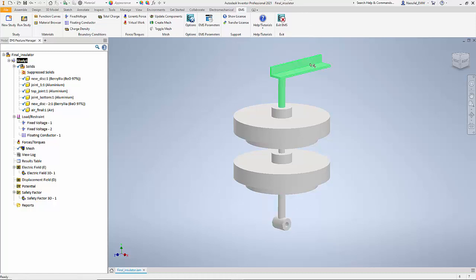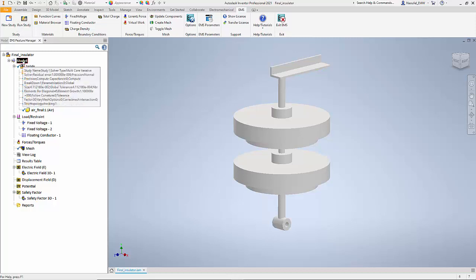And at the top, we have another aluminum that is connected to a grounded plane. The objective of this simulation in EMS for Inventor is to find out the electric field distribution in and around the insulator arrangement.